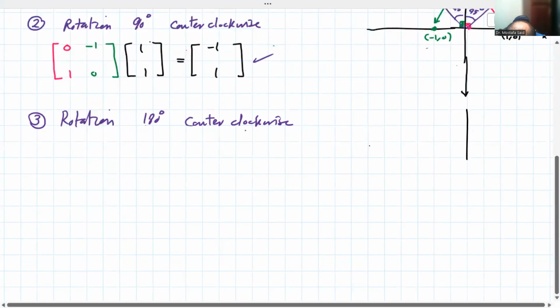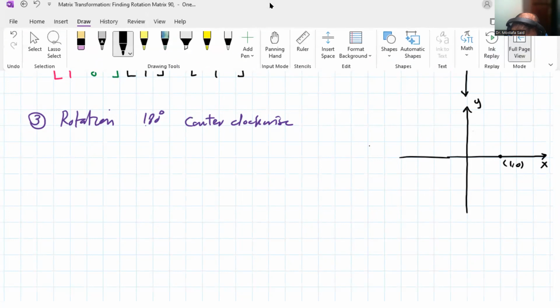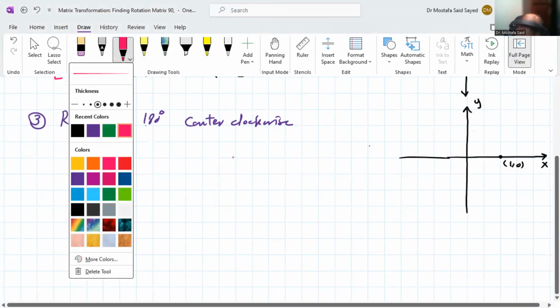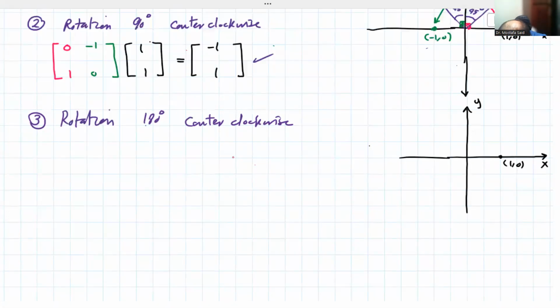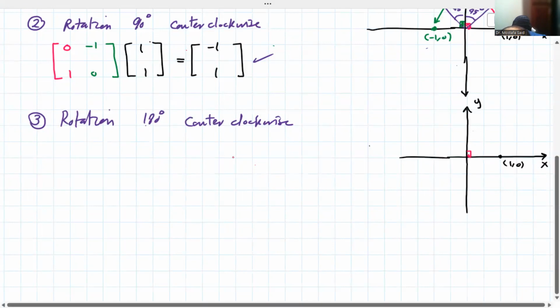So let's draw our axes here, X and Y. We start first with 1, 0. So for 1, 0, when we rotate it counterclockwise 180 degrees, let's do this with red. We're going to move, remember this is 90 degrees, and this is also 90 degrees. So if you add them, it's 180 degrees.